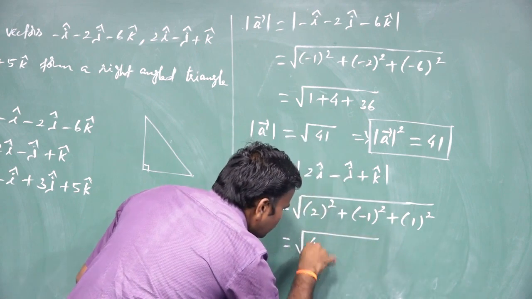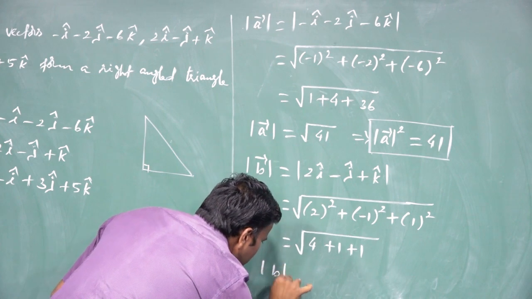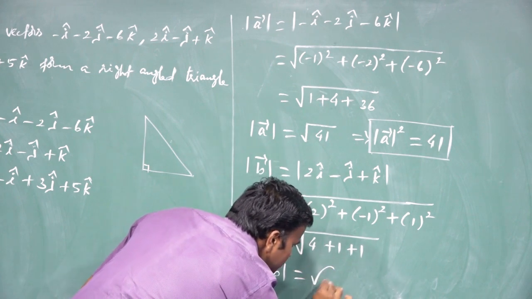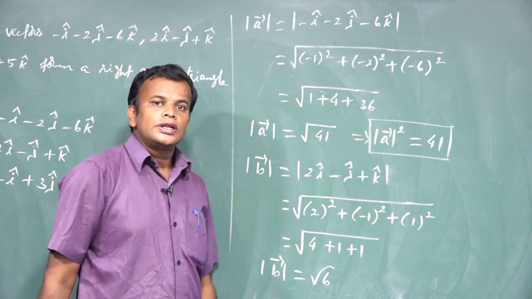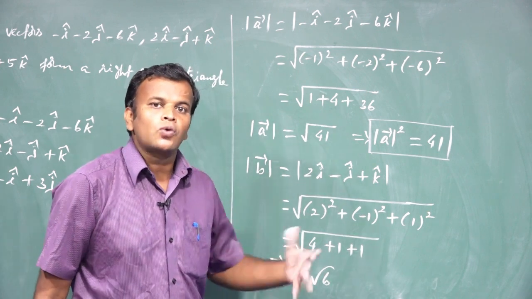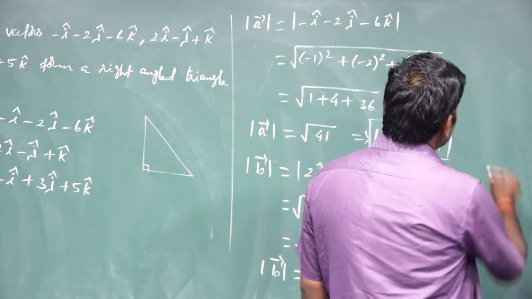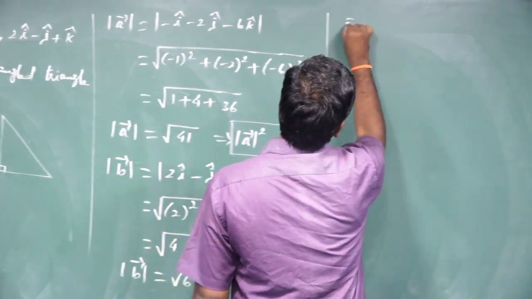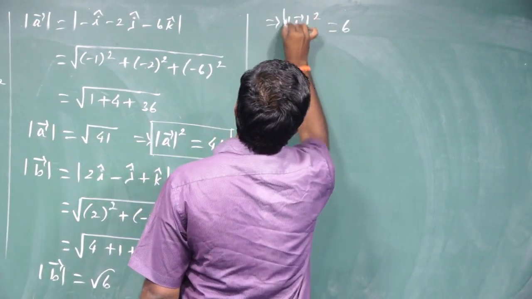Square root of 4 plus 1 plus 1. So modulus B vector value is equal to root 6. So the next step we need square. So modulus B vector the whole square value is equal to 6.